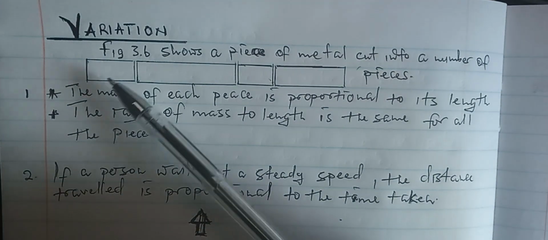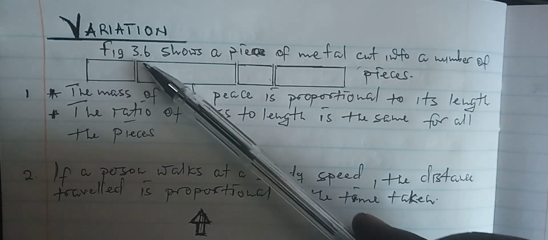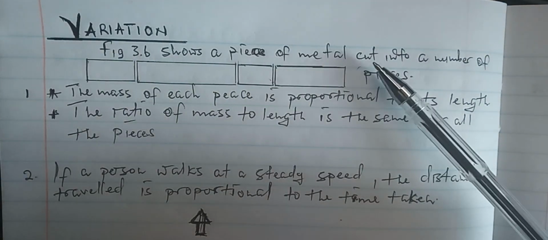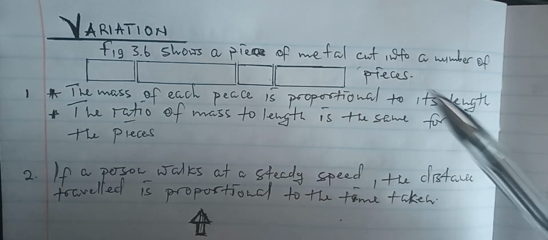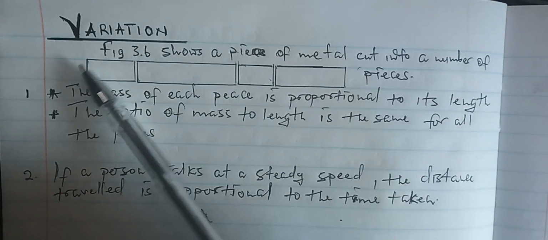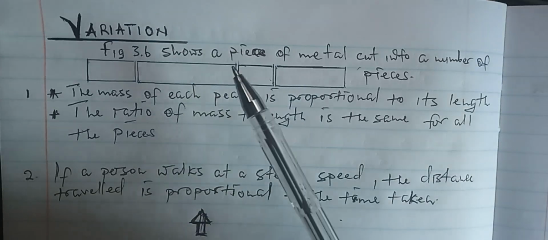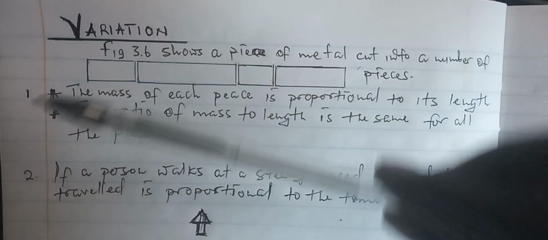If you look here at Fig 3.6, it shows a piece of metal cut into a number of pieces. So let's see this diagram as a piece of metal which has been cut into different lengths.